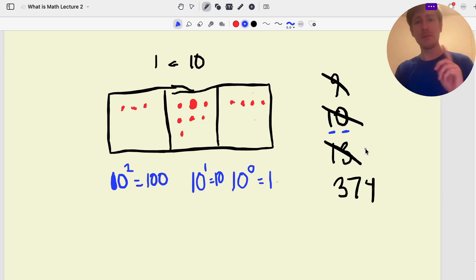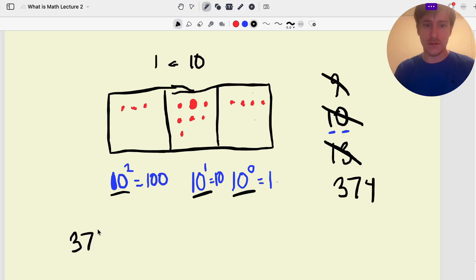But I want you to notice something else. I can write this number as a combination of 10 squared, 10 to the first, and 10 to the 0. How can I do that? Well, I can write that 374 is really 3 of this.